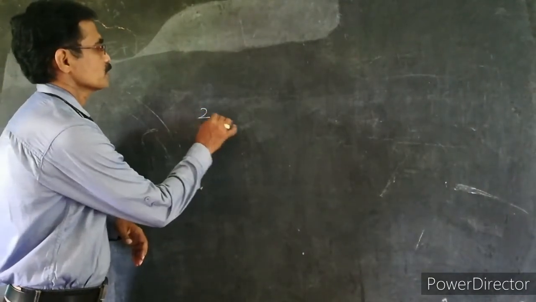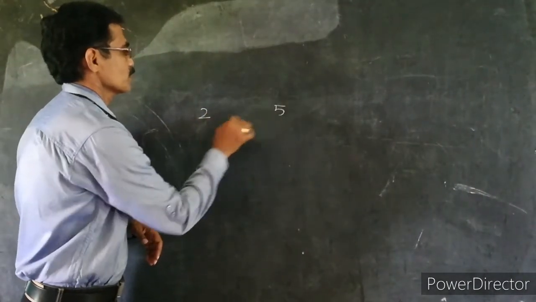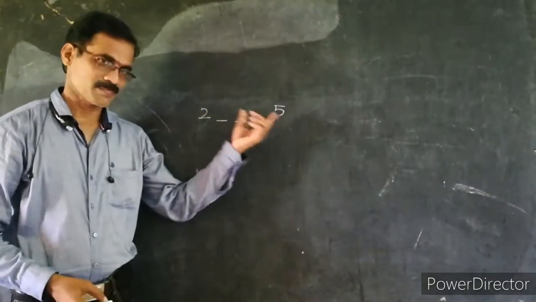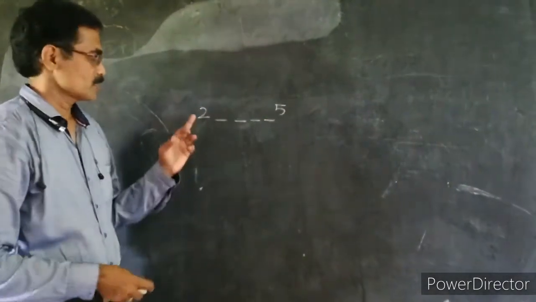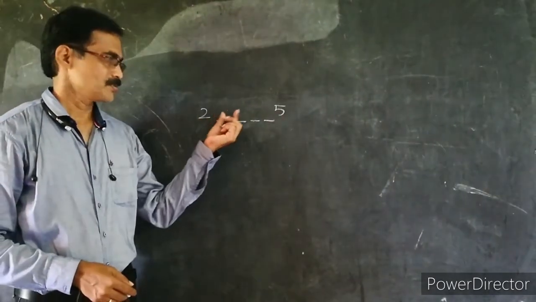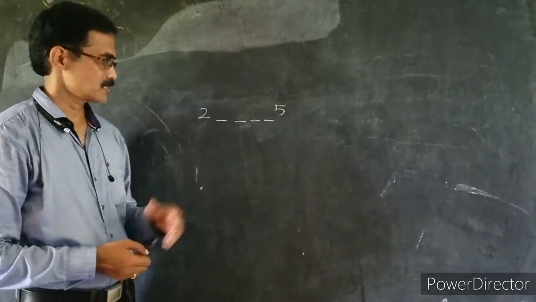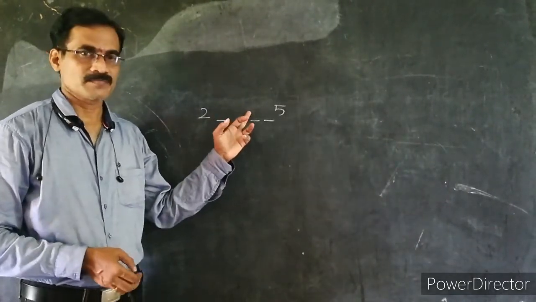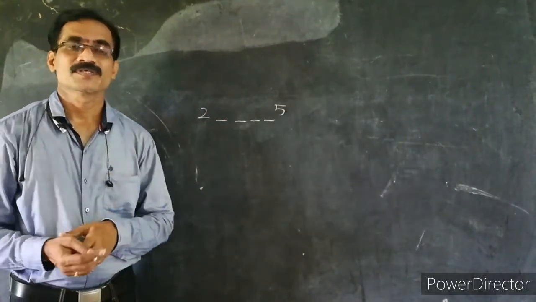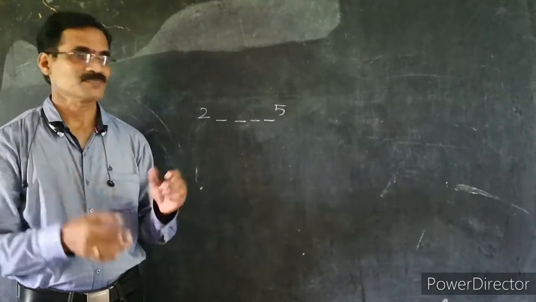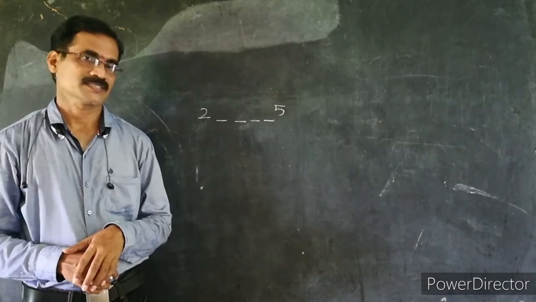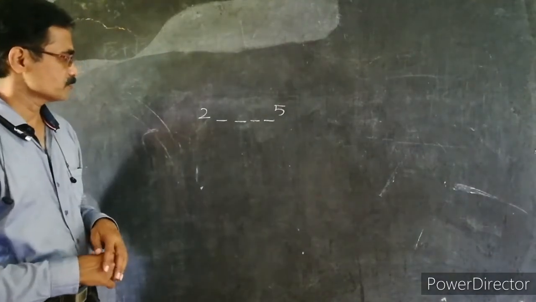Between 2 and 5, we have to write 4 rational numbers. You know the whole numbers, natural numbers or integers 3, 4 are there. But here we have to find rational numbers between 2 and 5. How can we write? Let us see.